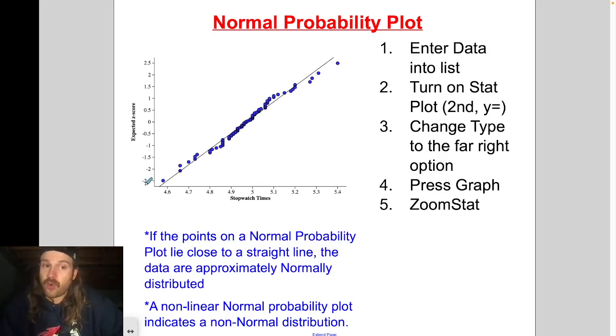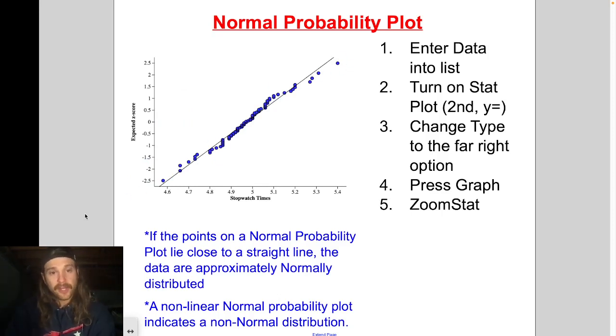So the y values for any data set of 100 are going to be the same for a normal probability plot. Basically it says, if it's perfectly normal, these should lie in a straight line, and here's what the z-scores should be, and then you check to see how straight it is.